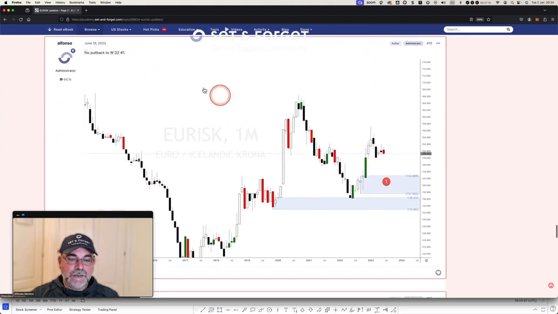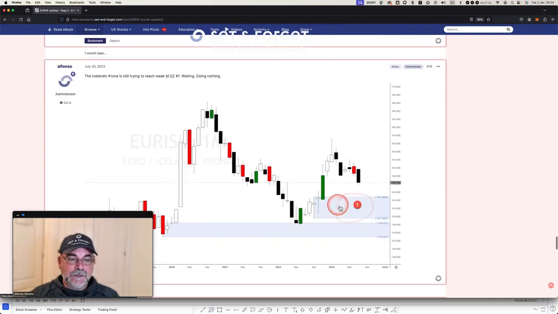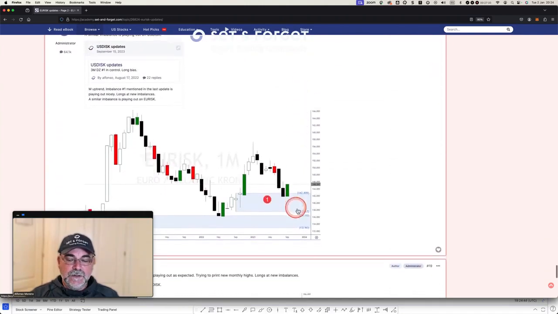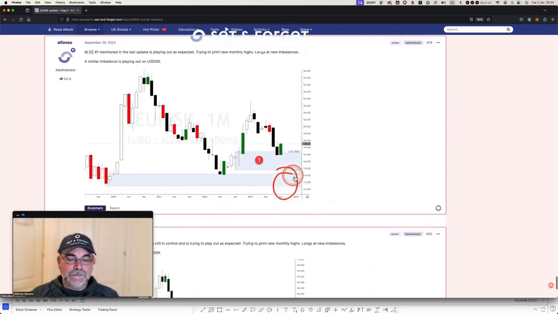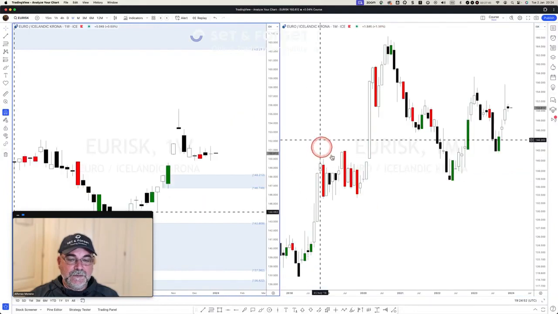No pullback to the monthly, still waiting. The monthly was hit on the 31st August 2023. And now price is rallying, still trying to, okay, on October, I need to update this.